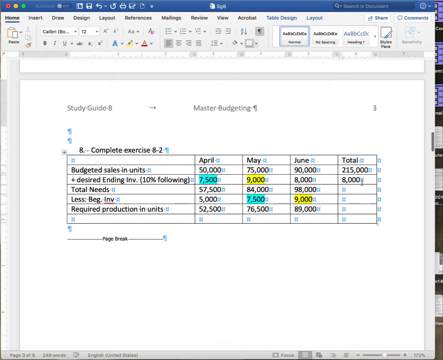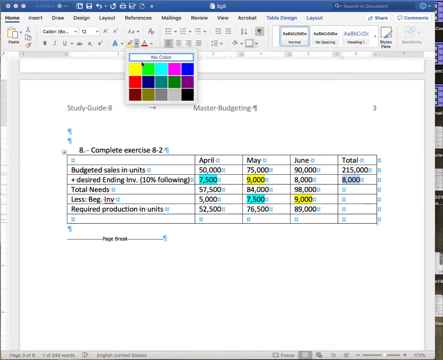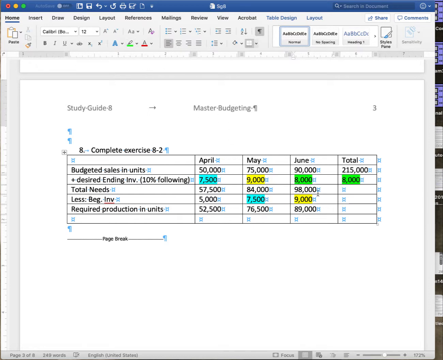So these actually get carried over. Trying to figure out what my total needs are, I could take 215,000 plus 8,000, or I can add up the total needs from April, May, and June. Either way I do it, I get 223,000 units.